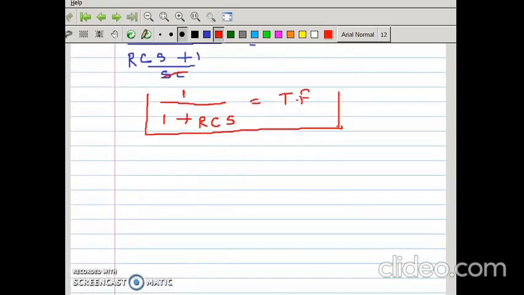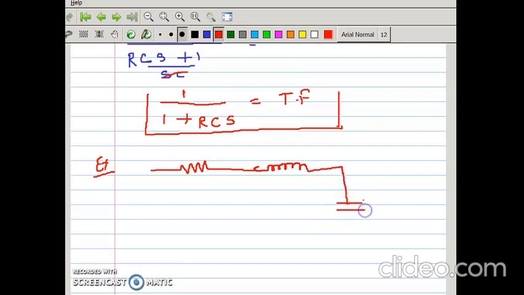Let's take more numericals based on the same topic. The next numerical is: they are giving 3 components here. First is a resistor, second is an inductor, third is a capacitor.